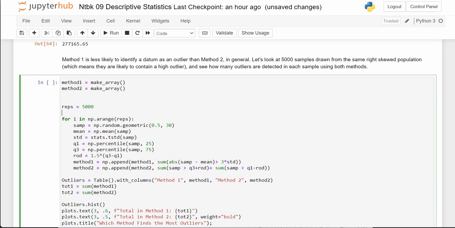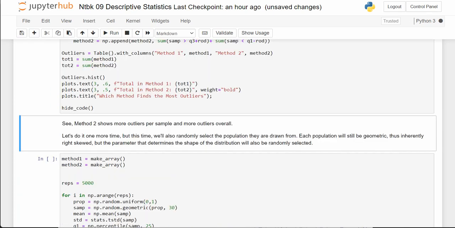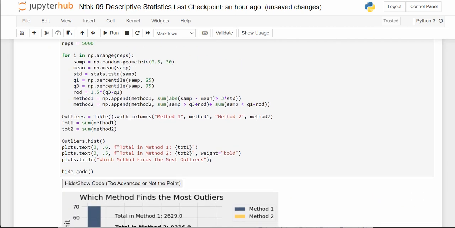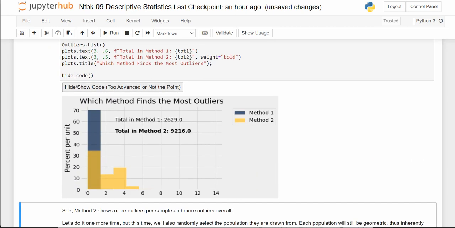And they have an example of this. And there you can see that method 2 has identified more outliers. I'm sorry. Yeah, you can see, right?